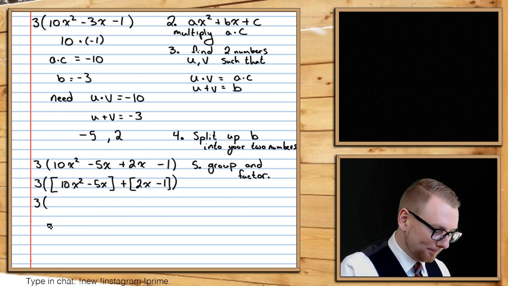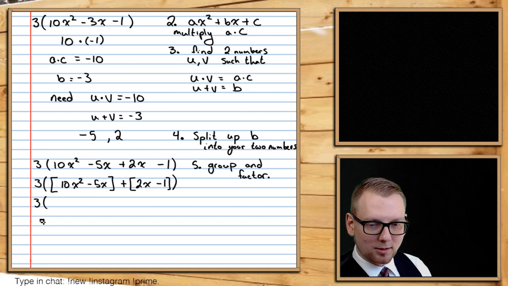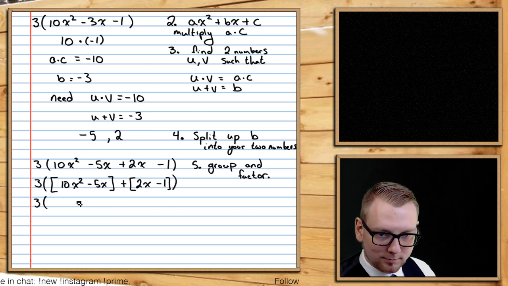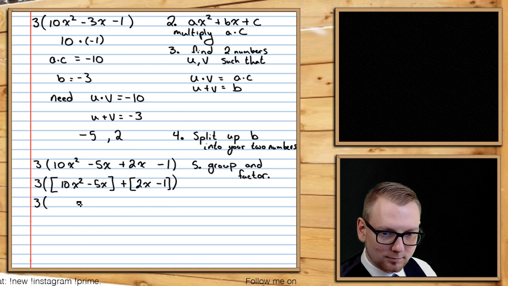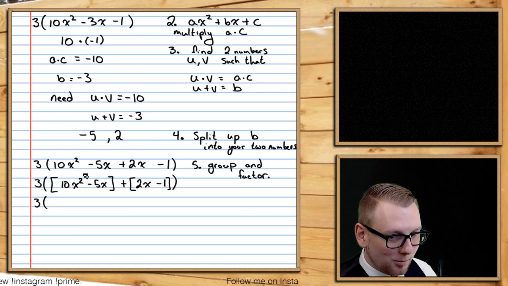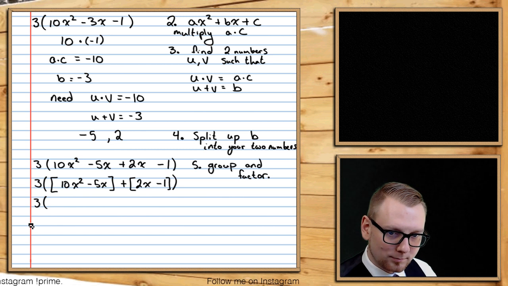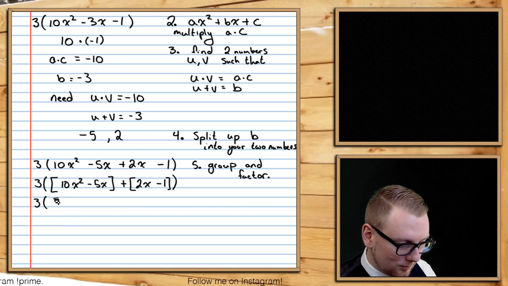Okay, bud. Let's see your factors. What can you take out of the first brackets? Not quite. You got one, you're missing another. You can still take an x out of both of them. So you would have 5x.